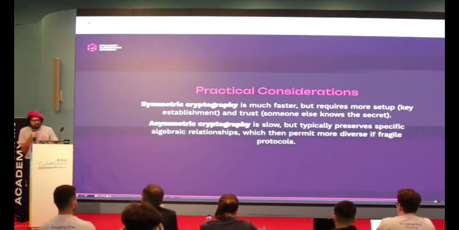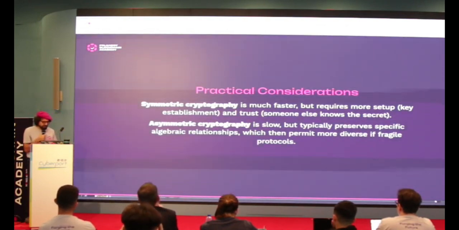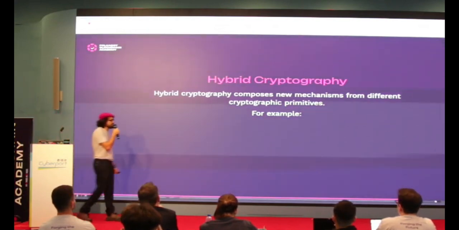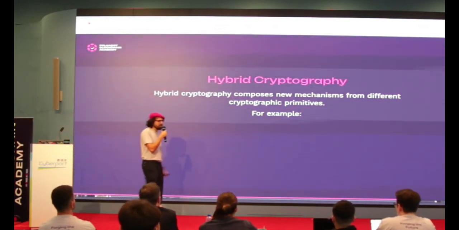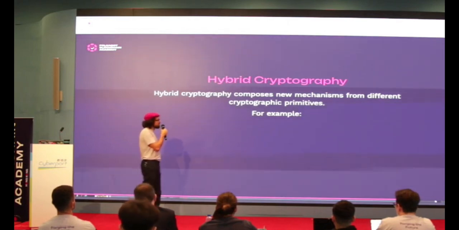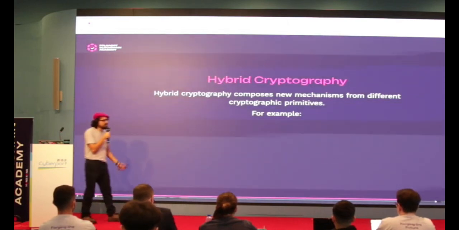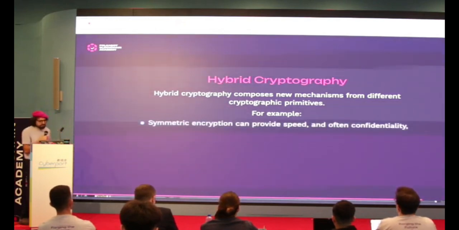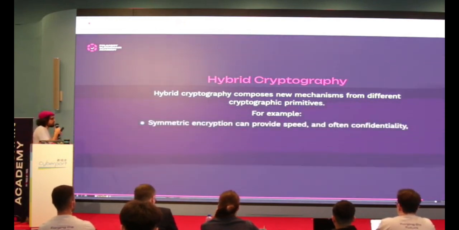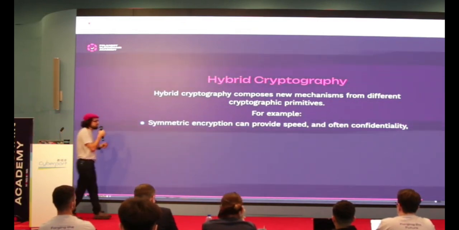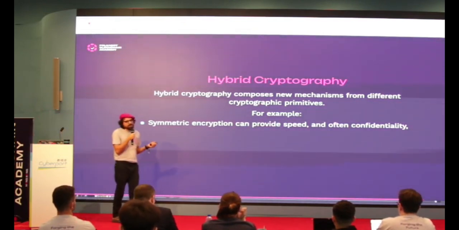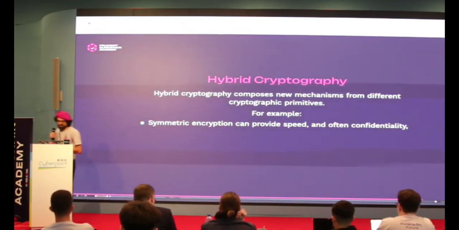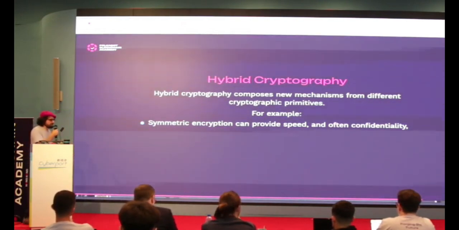So basically, in real life, if you look at everything, we are always using hybrid cryptography. And hybrid cryptography is to use many of these primitives together. I know that symmetric crypto is faster and can give you confidentiality, but it needs a secret channel.